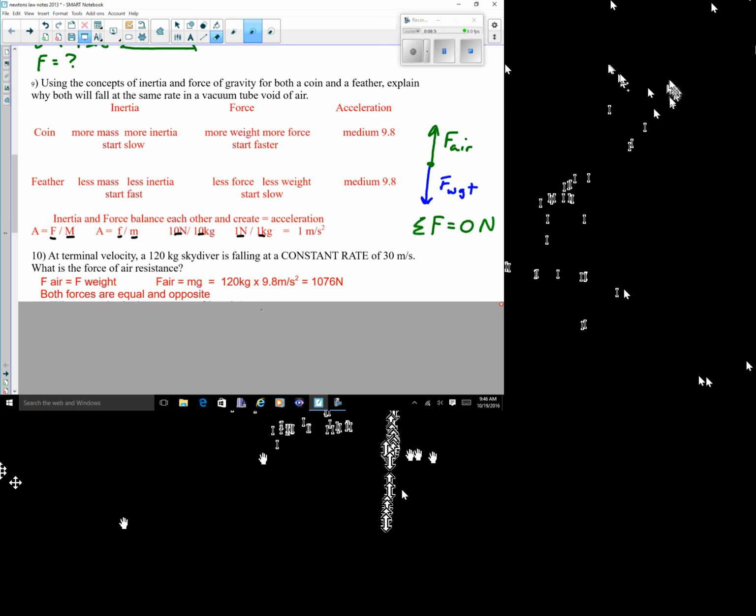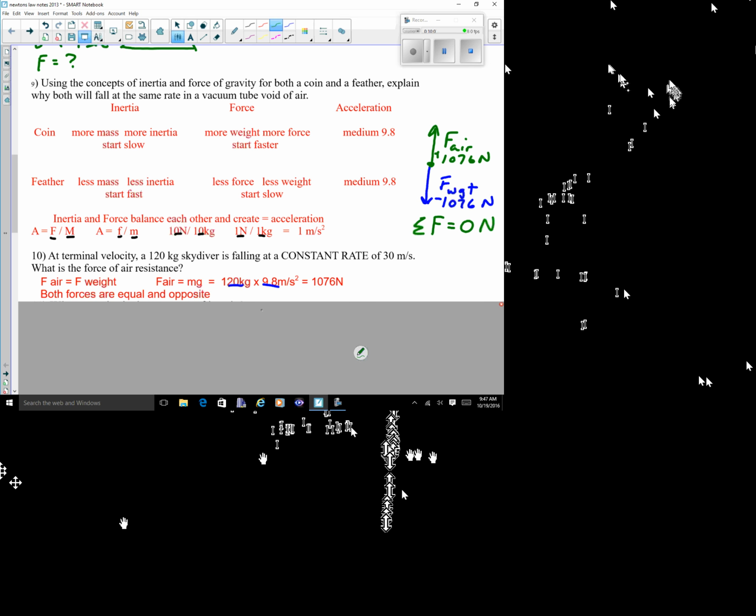That gives you 1,176 newtons. Well, if his weight was 1,176 newtons, that means the force of air going up must be 1,176 newtons. So actually the weight would be a negative 1,176 because it's going down, and the force of air would be a positive 1,176 because it's going up. Okay? So the forces have to be equal and opposite.